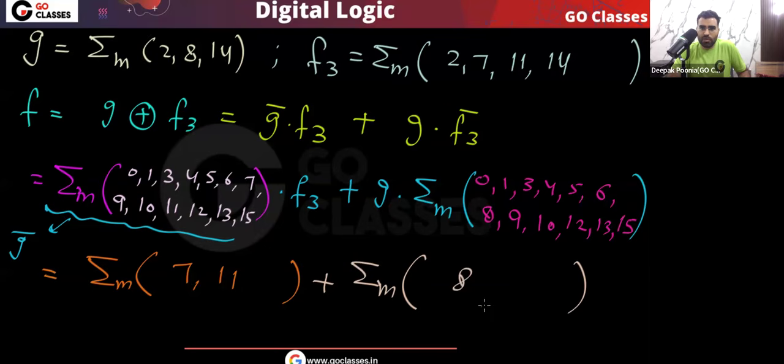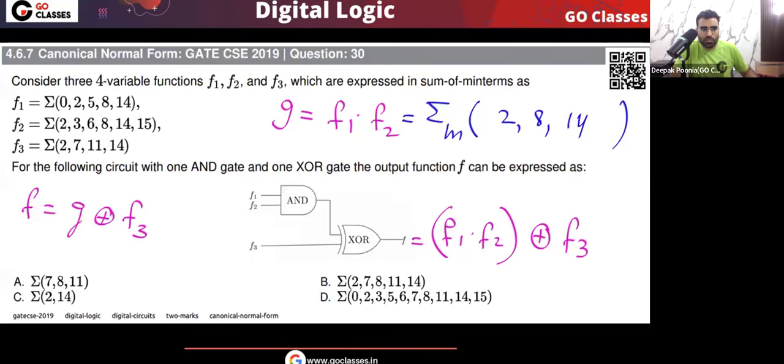Now I need to combine these two functions with the OR operation, so with respect to minterms I will take the union. Finally I will get 7, 8, 11. So for this question, the answer will be option A.